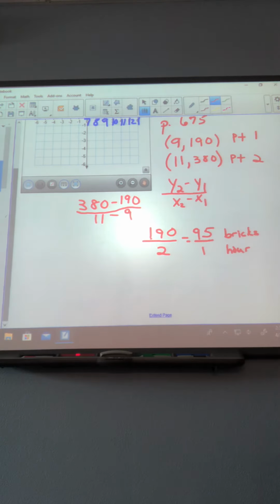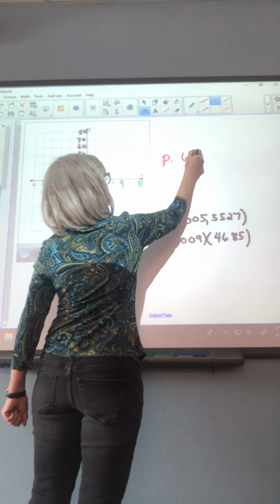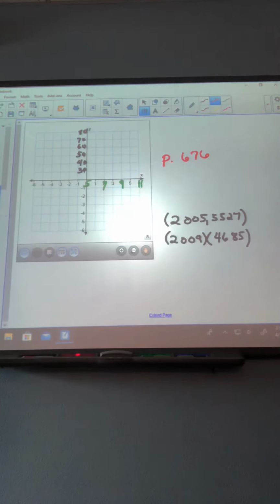Okay, and we have one other story problem. So this story problem is number 13 on page 676. And it has to do with the Sunday newspaper. Use the following graph to determine the rate of change in the circulation of Sunday newspapers since 2005.